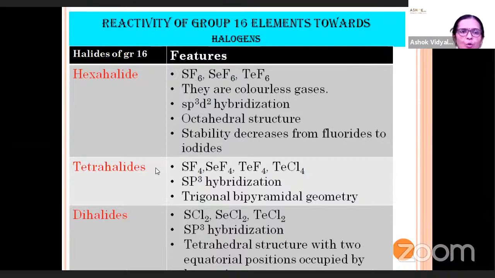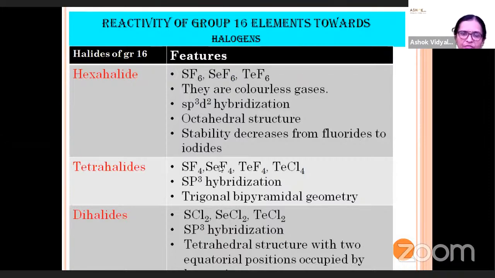Then group 16 elements also form tetrahalides, means 4 halogen atoms react at a time with a group 16 element and form tetrahalide like SF4, means sulfur tetrafluoride. Sulfur reacts with 4 atoms of fluorine to form SF4.